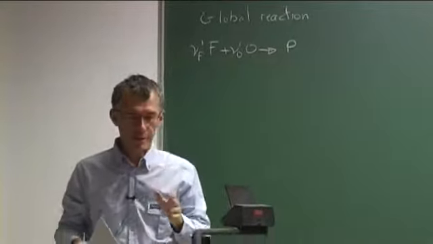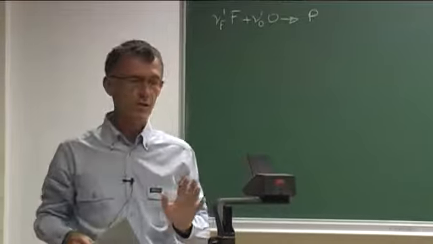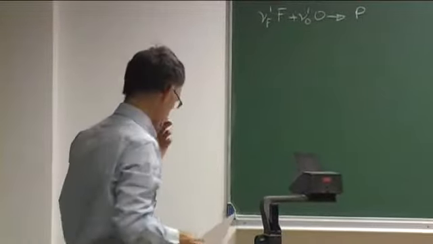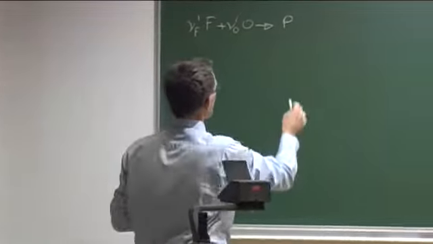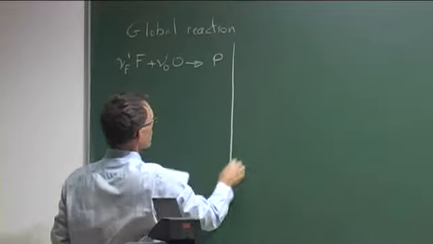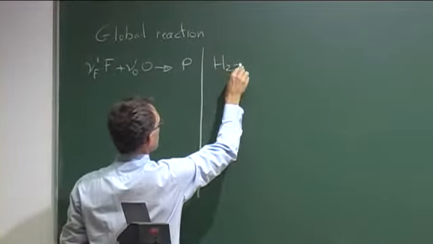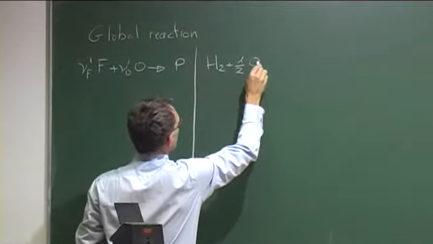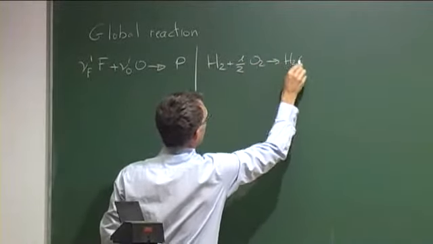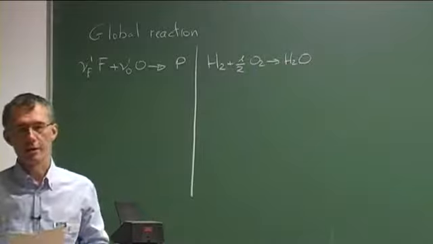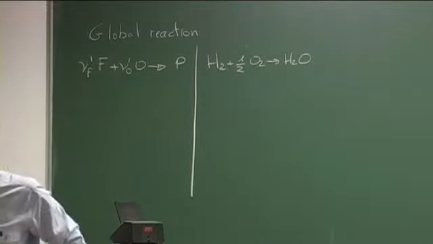It can be more complicated than that, but to first order, this is really what's happening. I will just, on the other side here of the board, give you an example. H2 plus 1/2 O2 gives H2O. That's the level 0 of combustion.